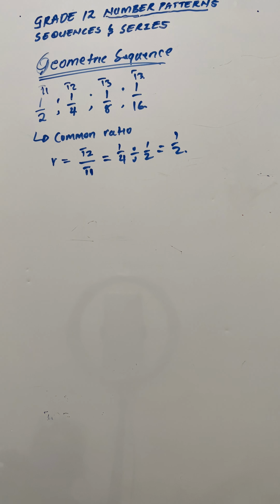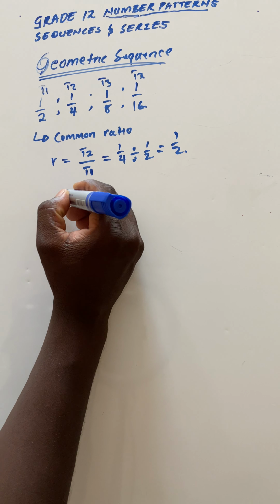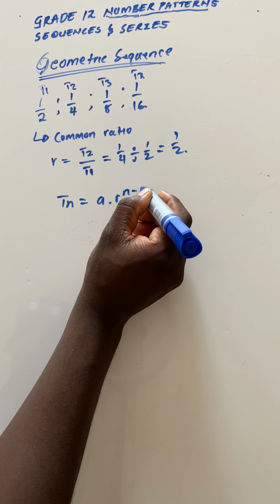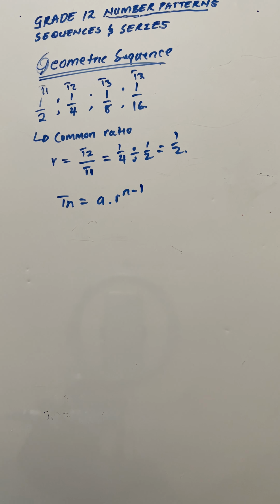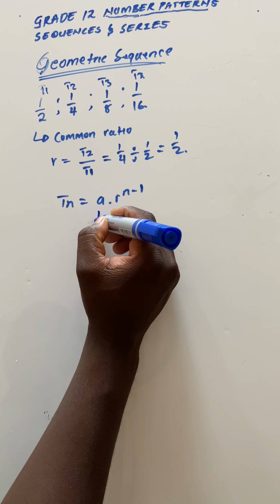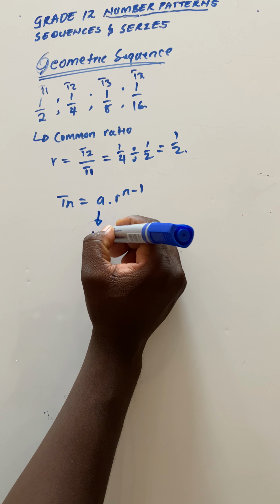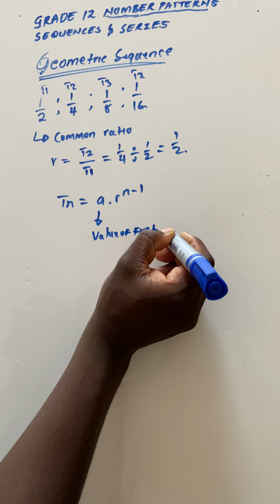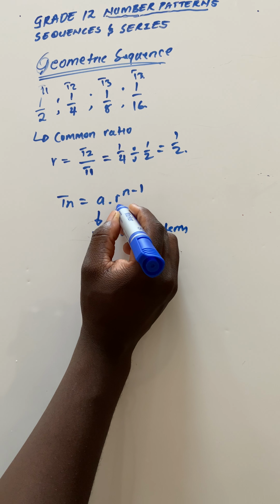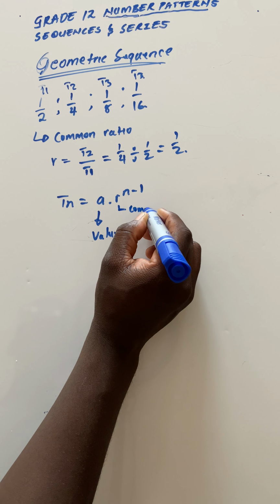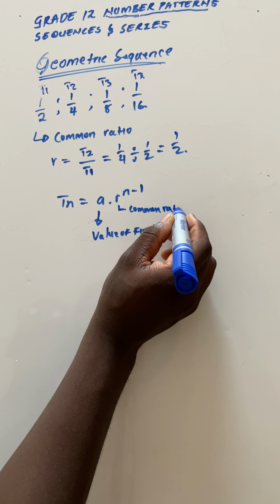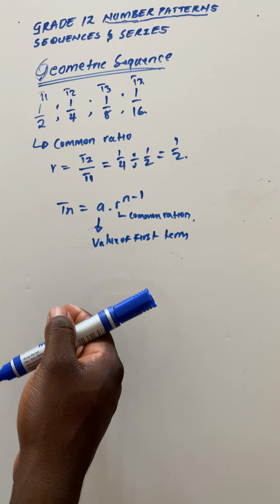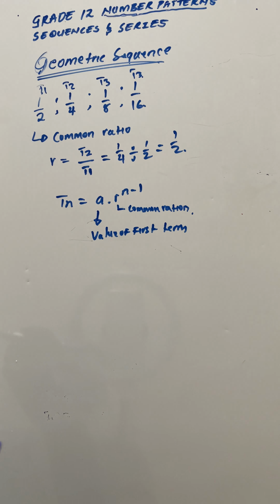Here we use a general term of Tn equals A times R to the power n minus 1, right? A still represents the value of the first term, and R represents your common ratio. n is the number of the term, meaning that if you want term number 3, you simply substitute 3 and find the value.